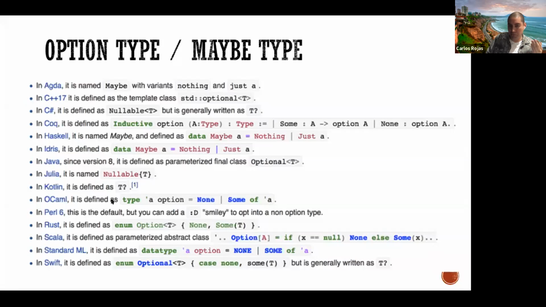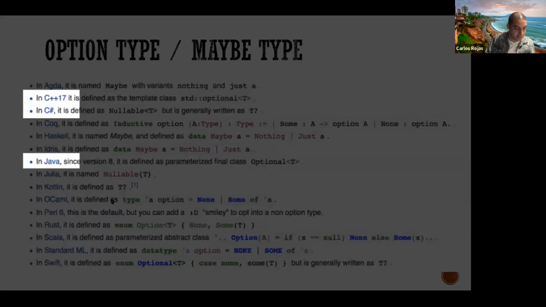There is a list here that I took from Wikipedia. There are a lot of languages that implement this maybe type. Most of them are functional, but there are some nice ones that are object oriented. So C++, C#, and Java added this to the language as a built-in feature.